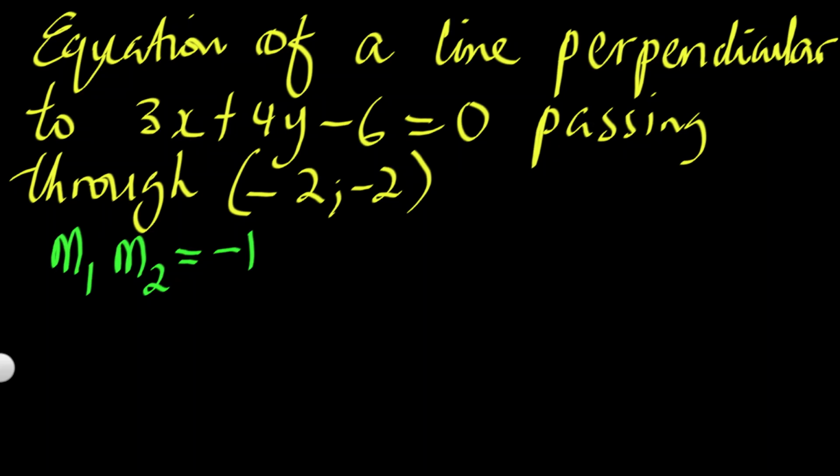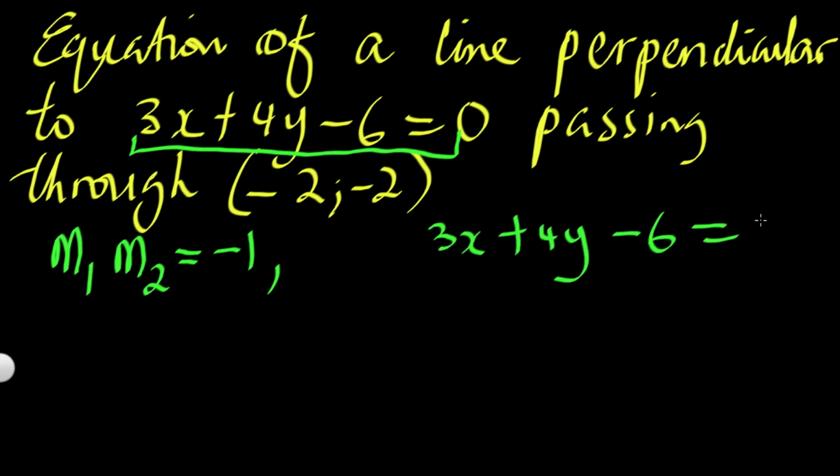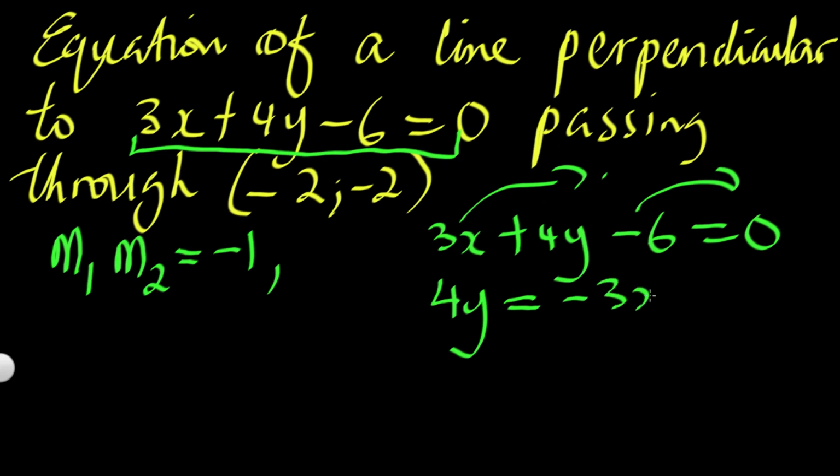Now, we don't know the gradient of this line explicitly until we have rearranged this in standard form. So it is 3x plus 4y minus 6 equals 0. Let's make y the subject of the formula here. I'm taking this to the right hand side. I have 4y equals minus 3x plus 6.